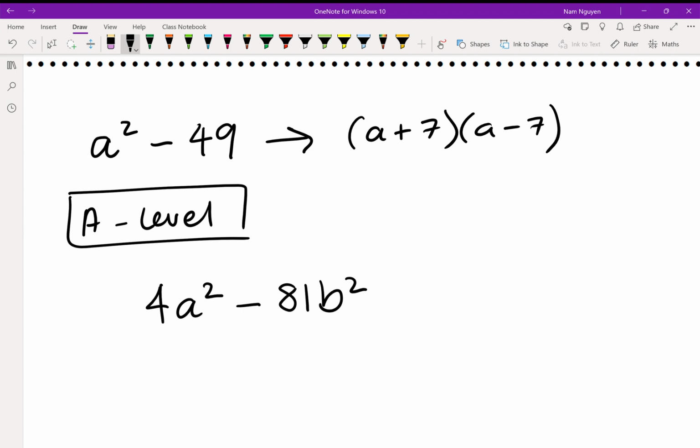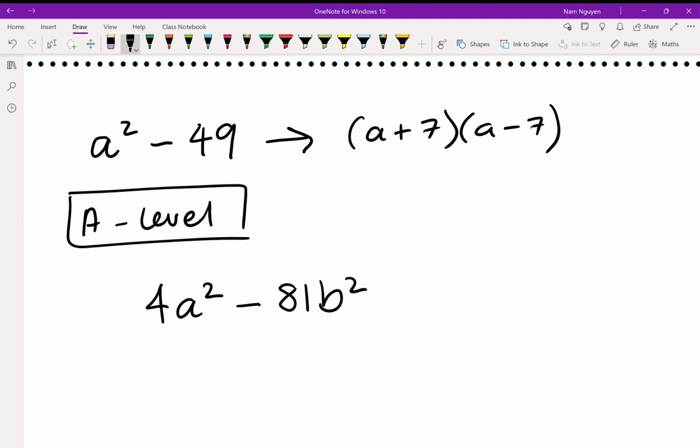Alright, so this one here is the highest level question for difference of perfect squares. Can you factorize this? Okay, so here is where people who kind of got it at the basic level start messing up because it's a bit more complicated.